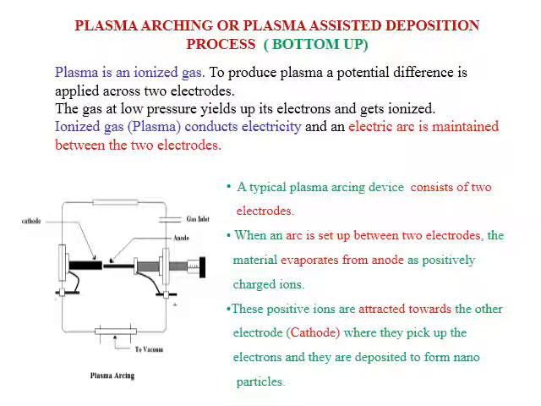So in this method we are allowing a material to evaporate from the anode and it will be deposited on the cathode. By controlling the time of deposition and the amount of electricity passing, one can control the size of the deposition. So by this method, you are able to produce nano powders and nano thin films.